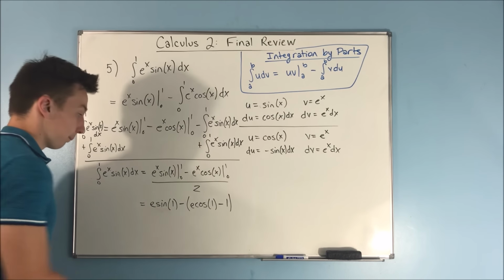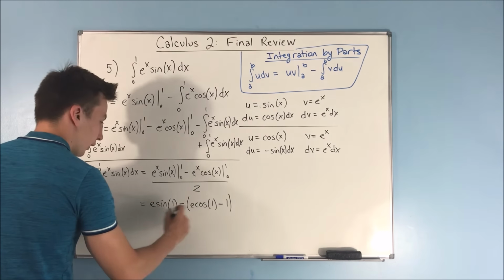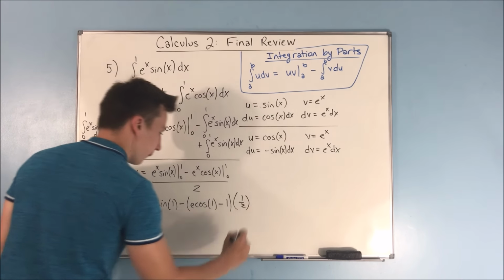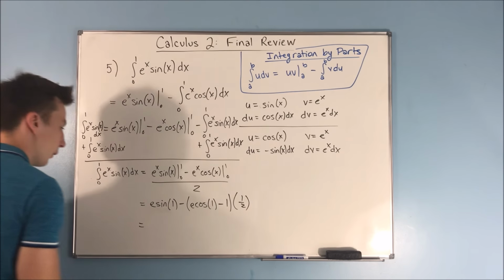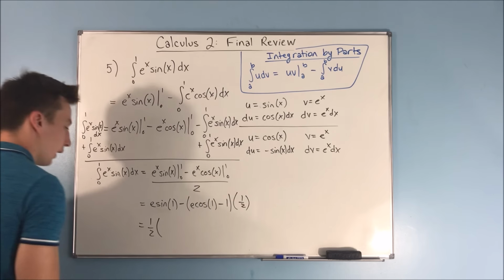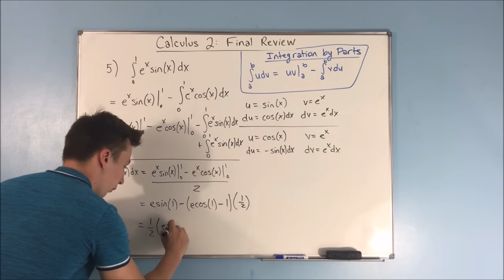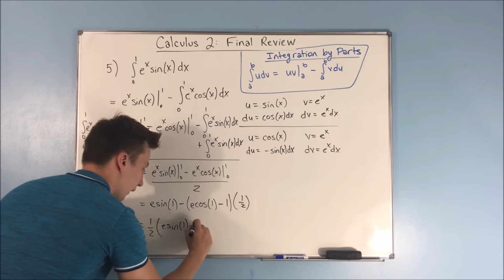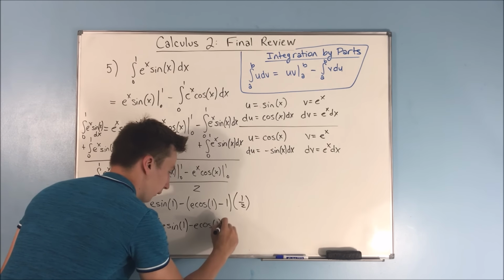Okay, and of course this is over 2, so we'll just multiply this by 1/2. So we get that this is finally equal to 1/2 times e sine of 1 minus e cosine of 1 plus 1.